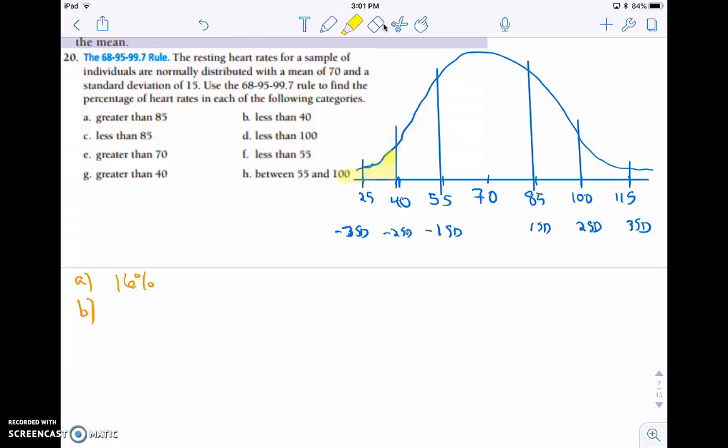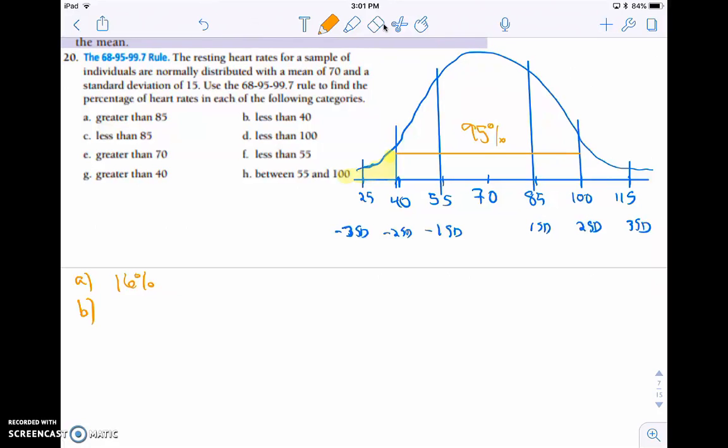So to be less than 40, let's think about this for just a minute. 40 is 2 standard deviations below. So between 40 and 100, that's 95% of your data. So we know that below 40 has to be less than 5%.